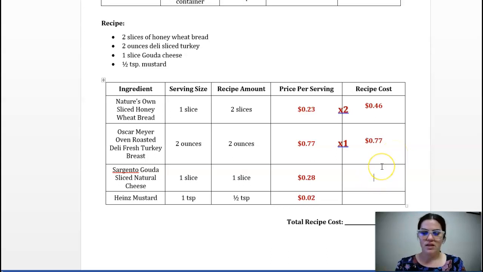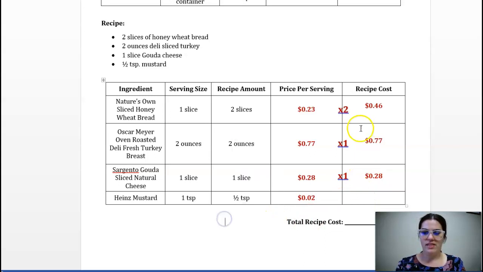Then we have our Sargento cheese, which again, our recipe matches the serving size. So our factor is 1, and that means the recipe cost is 28 cents.